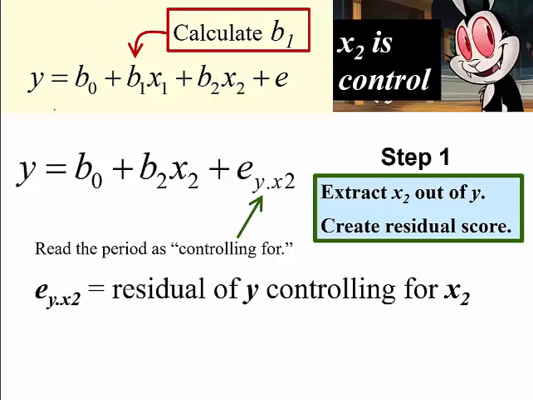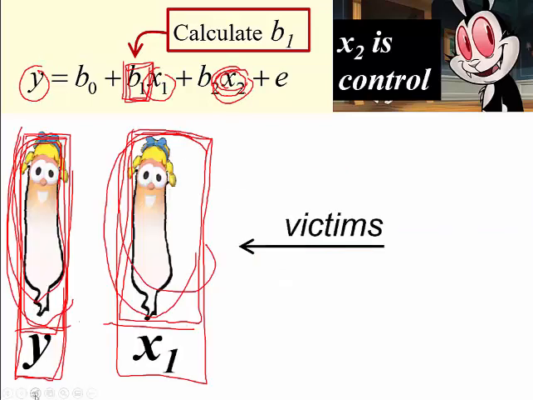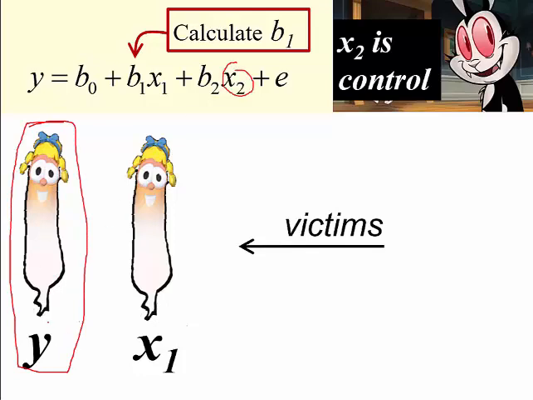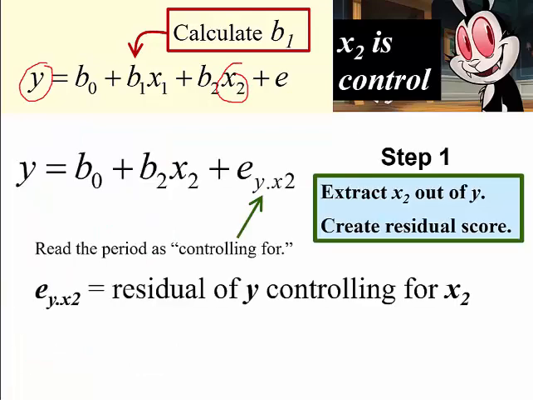So, if I want to extract x2 out of y, I want to get back up to my previous slide, and it got so many marks on there. I want to get that y with x2 extracted out of it. So I want to extract x2 out of y. That's the first thing I want to do. So how am I going to do that?